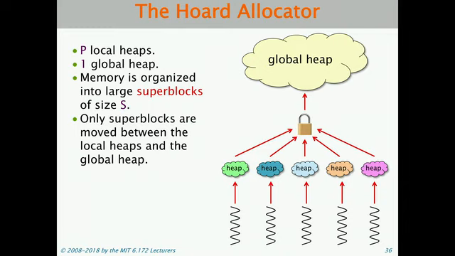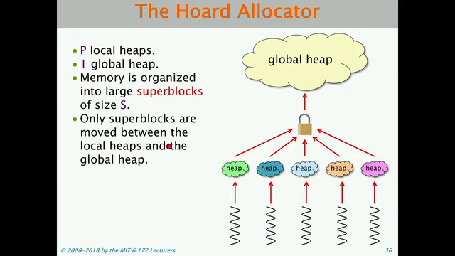So in the Horde allocator, we're going to have P local heaps, but we're also going to have a global heap. The memory is going to be organized into large superblocks of size S, and S is usually a multiple of the page size. This is the granularity at which objects are going to be moved around in the allocator.